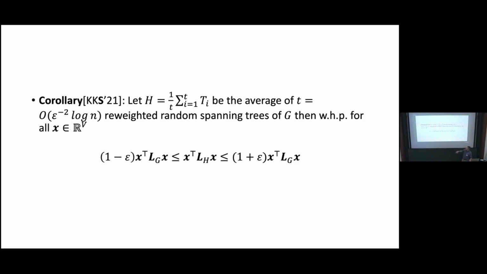Here we can apply our theorem and say that if we sample order of log n spanning trees, and we take the average of these log n random spanning trees, then for every x, x transpose Lx is a 1 plus-minus epsilon approximation, substituting the Laplacian of the real graph with the Laplacian obtained by the sum of only log n spanning trees.